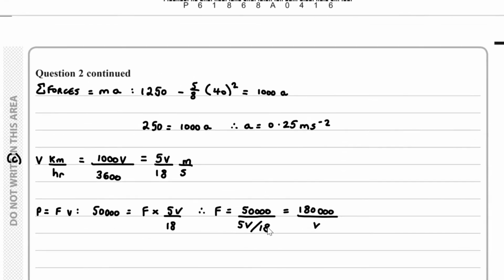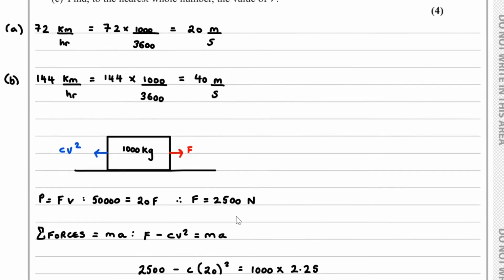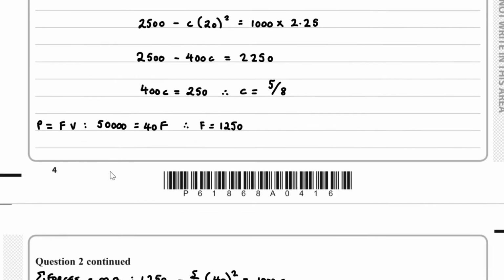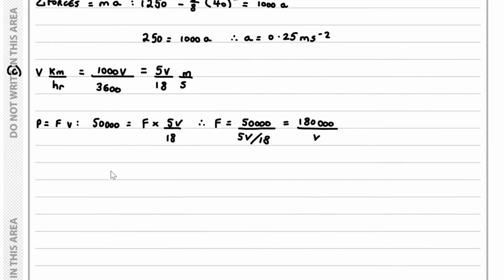Now, if we think about what we were told in the question, we're considering what's going on when we're at max speed. And that implies that the acceleration is equal to 0. So maximum speed implies that a is equal to 0.